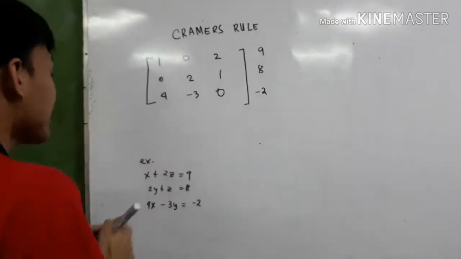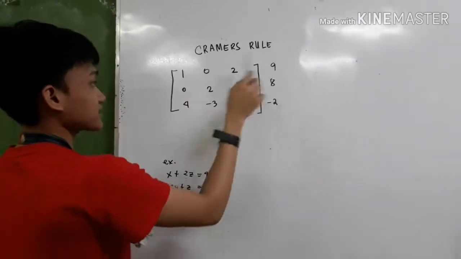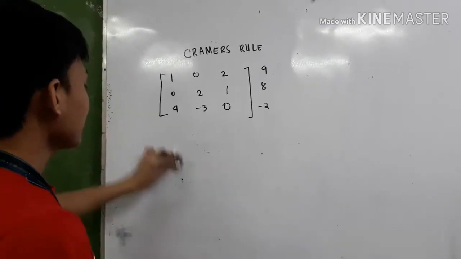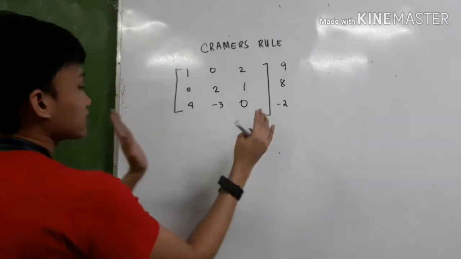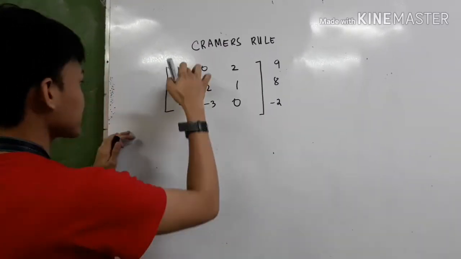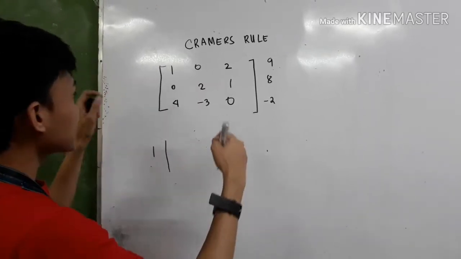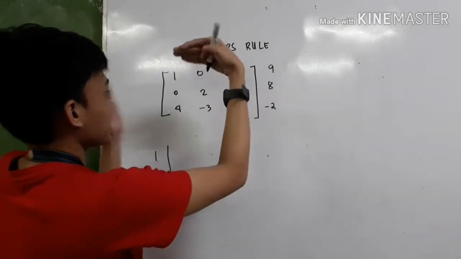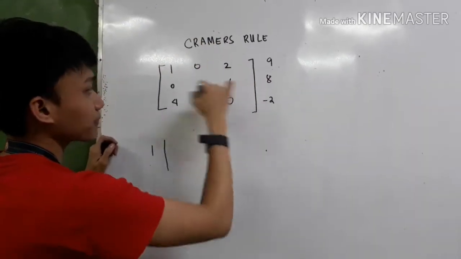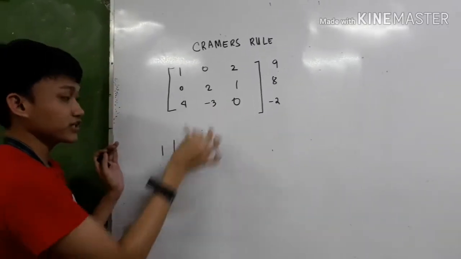But first, the first step is getting the determinant of this matrix. This is not included. In finding the determinant of these, let's have 1 times, let's eliminate this row and column, and the numbers that are left are the equivalent. Let's put it right here.